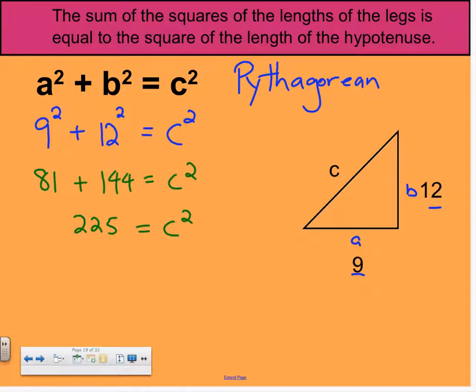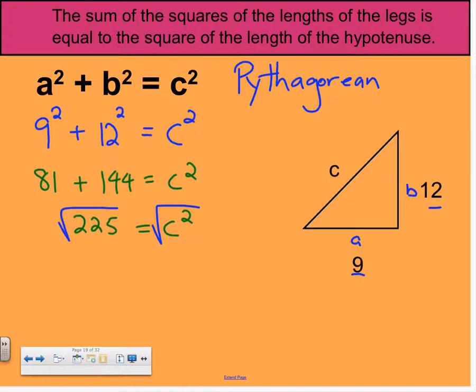So now how can I go from C squared to just C? Well, I have to undo the squared, or undo this exponent. In order to do that, I have to take the square root. If I take the square root of this side of the equation, I also have to do the square root of the other side. When we're solving equations, we have to do the same thing to both sides.